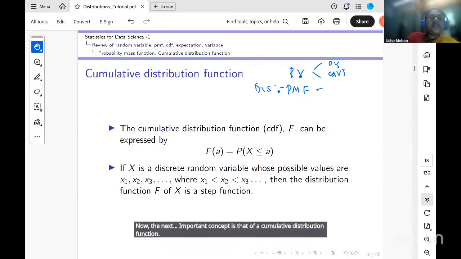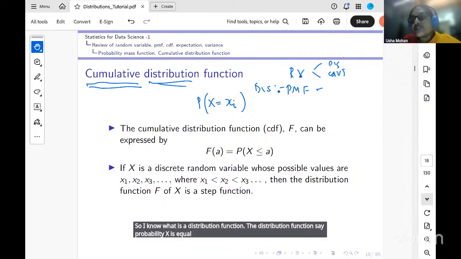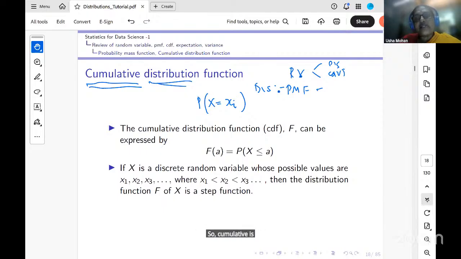As the name suggests, cumulative is nothing but accumulating. So I know what is a distribution function: the probability that X is equal to some value. So cumulative is the probability of X less than or equal to this value. That is why it is called cumulative.